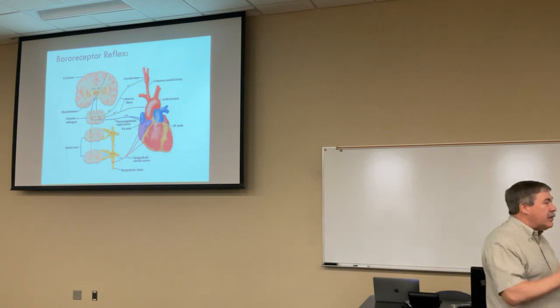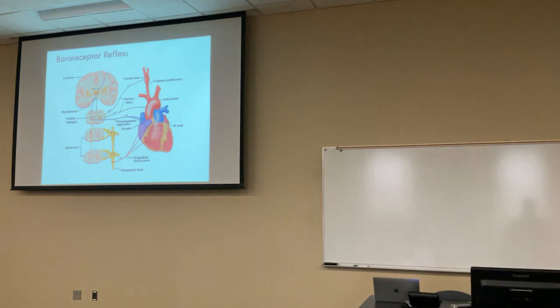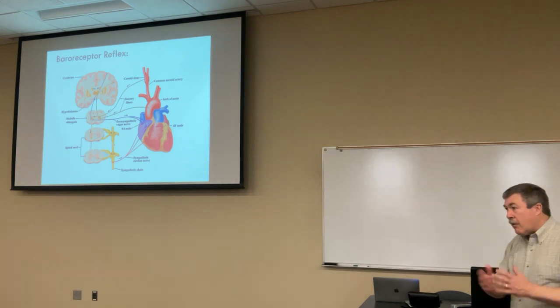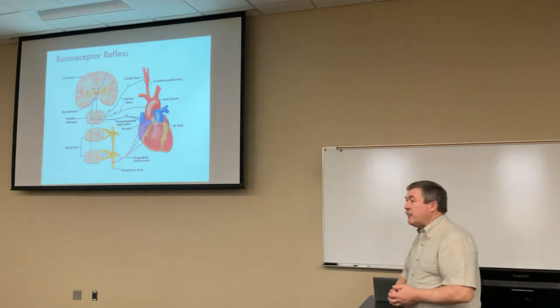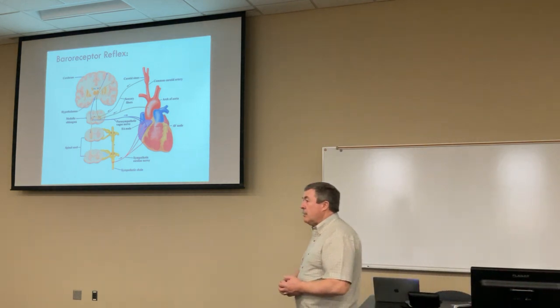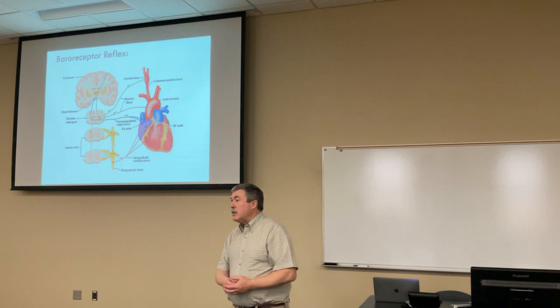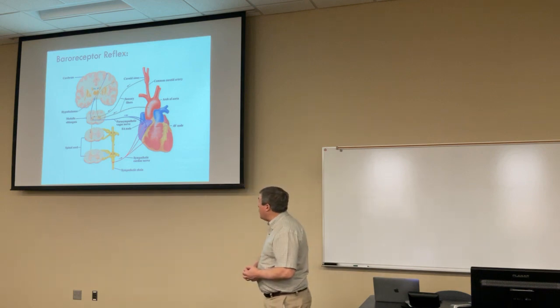One of them, by decreasing sympathetic stimulation of the heart and increasing parasympathetic stimulation of the heart, brings the heart rate down. When the heart rate goes down, cardiac output goes down. Cardiac output is one of the two factors that affects mean arterial pressure. So that in itself is going to cause blood pressure to go down.